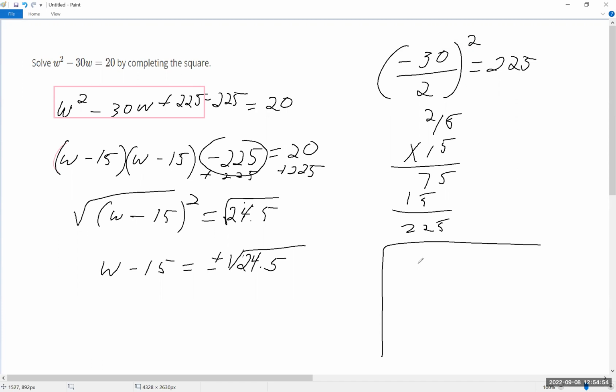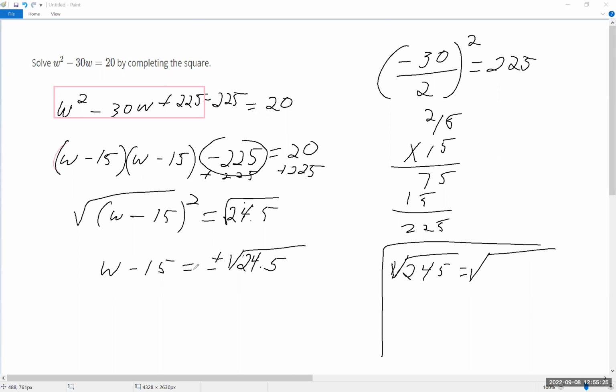So what can I do with 245? Is that correct now? It's a 245? Yes. Okay. All right. So I know it's divisible by 5. I don't know how many times 245 is divisible by 5.